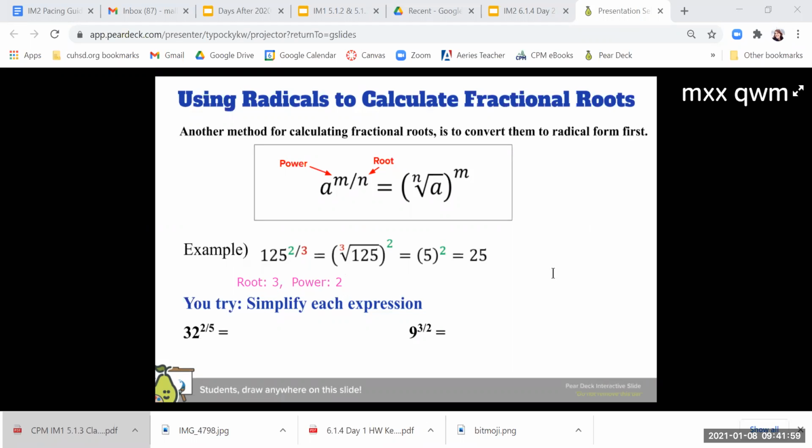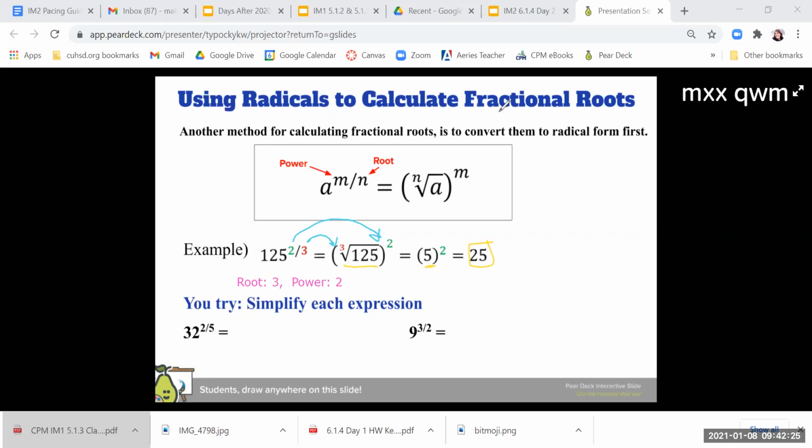When we look at it as it's worked out, you can see how the root tells us that we need a cube root. It's a 3. And the power tells us we need 2 of them. So when we take the cube root of 125, we get 5. And then we square it because we want 2 of them, 5 times 5. And that gives us our answer, 25.